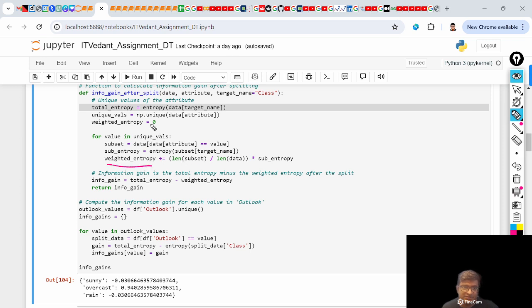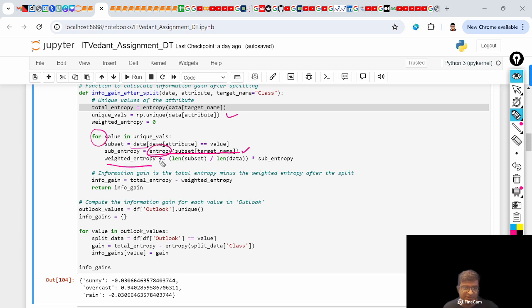I found the unique values, sunny, overcast, and rain, and I'm running a for loop to calculate the entropy for each of them, using the same entropy function which we have done before.